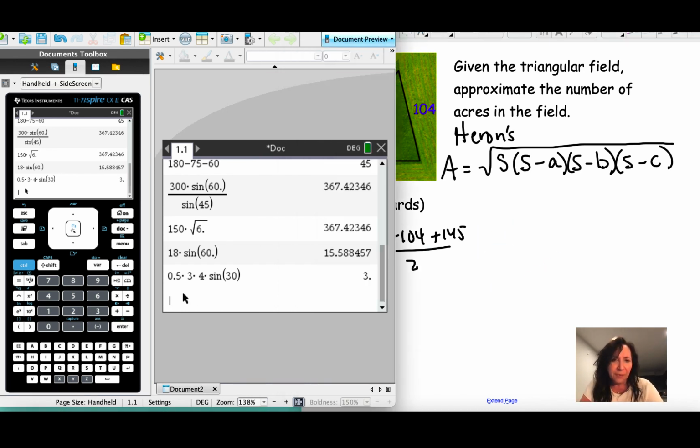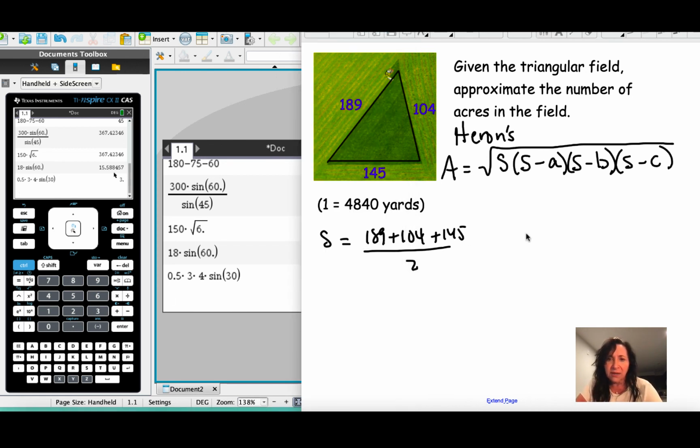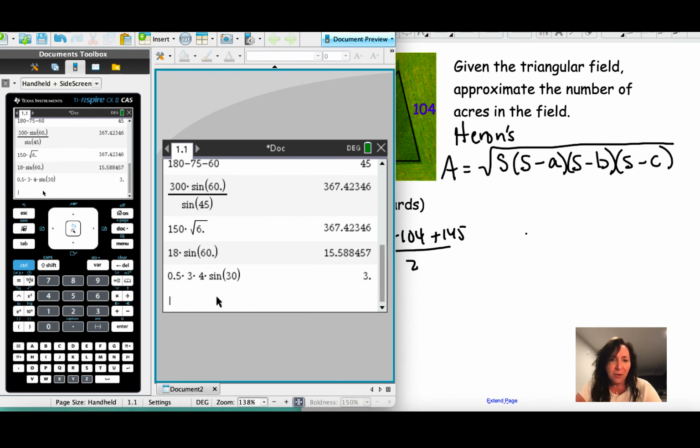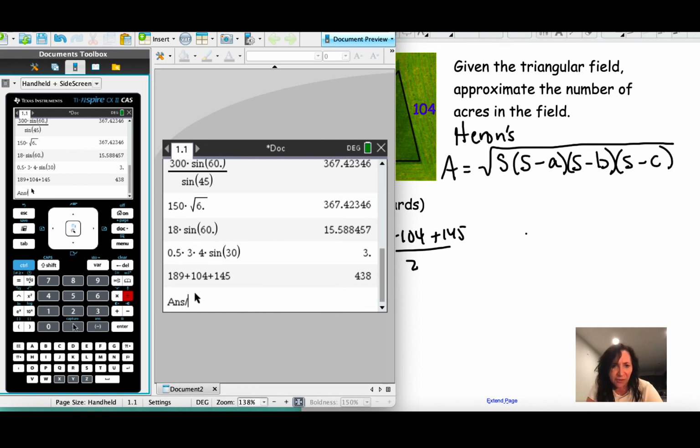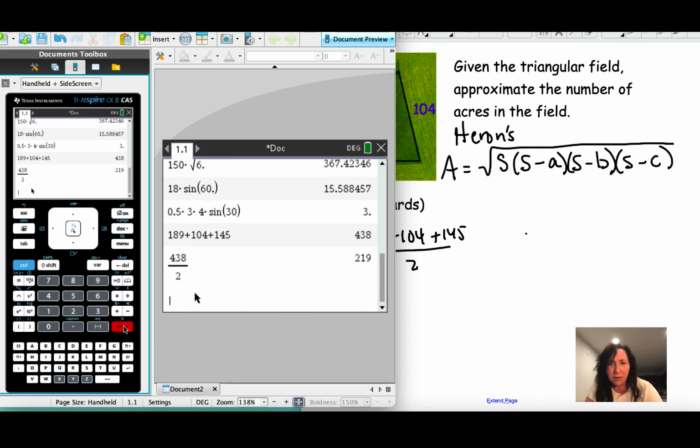So let's figure that out, okay? That's going to be, here we go, did I say 189? Yeah. Okay, so 189 plus 104 plus 145, and I get that number. I'm going to divide that by 2, and I get 219.